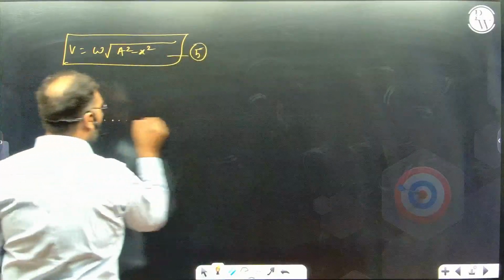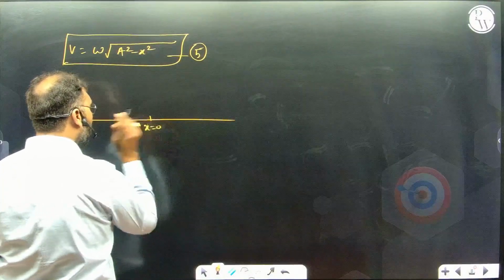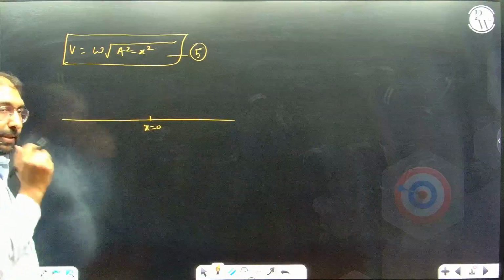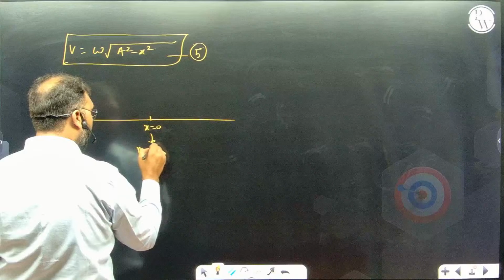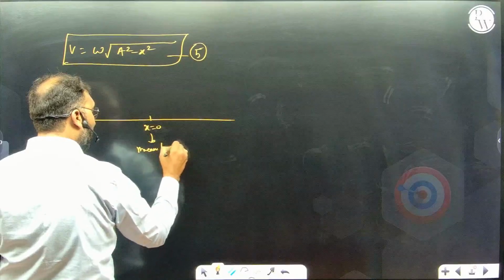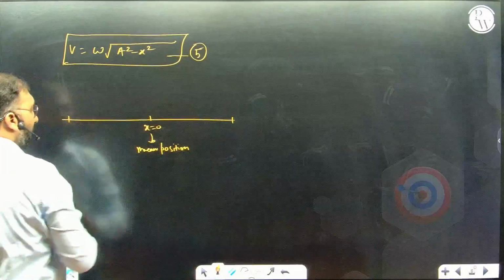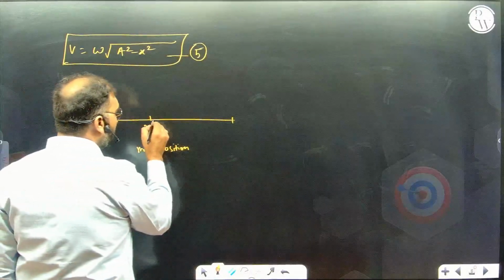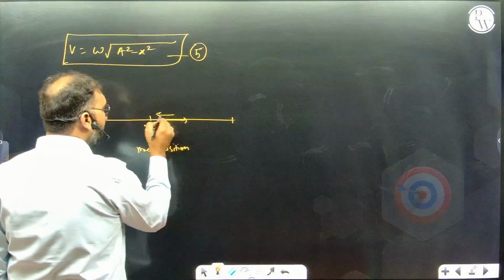Now just looking at these equations, I'll figure out some important and interesting facts. This is x equals 0. This is my mean position. I'm considering x equals 0 to be my mean position. So let's say when the particle is going in this direction, the restoring force is acting in this direction.